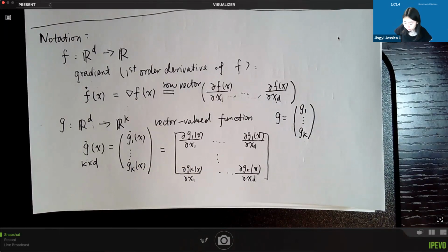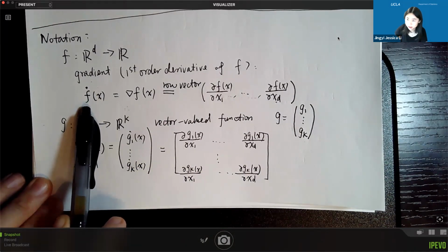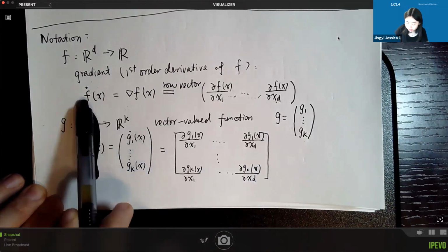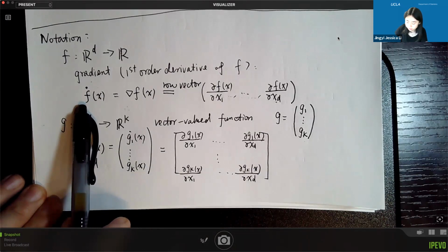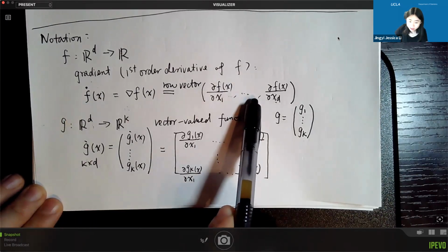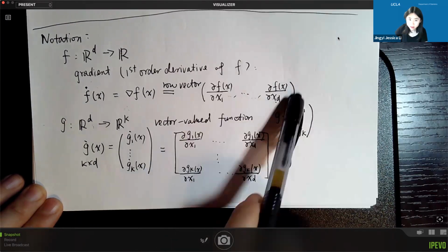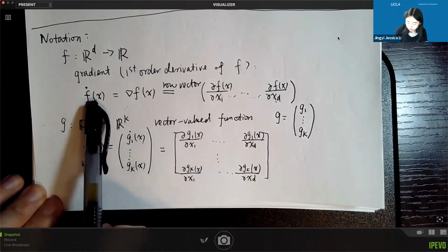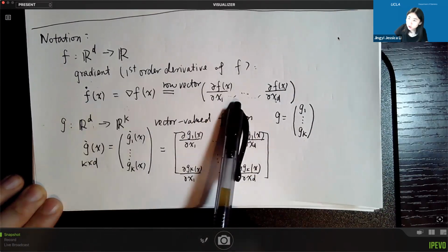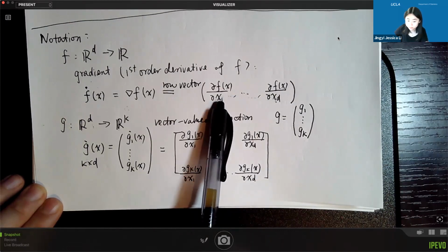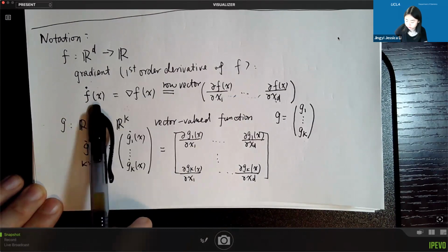Given that this gradient itself is already a vector valued function, if we take the second order derivative of f, it becomes a matrix. What's the dimension of this matrix? Given f is a function on d-dimensional input, f dot itself maps from Rd to Rd. So its derivative is a d by d matrix, and that's what we call the Hessian matrix, the second order derivative of f.